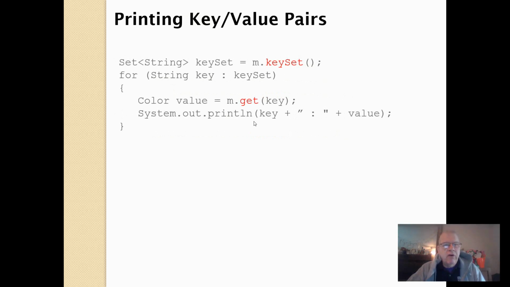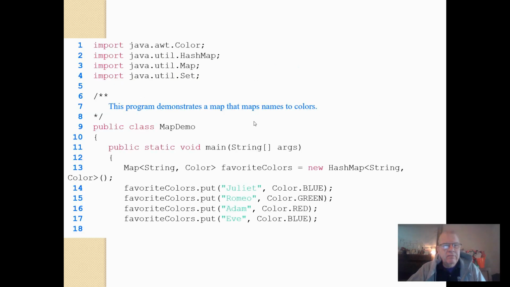So you can use a for each loop, or you can use a while loop with has next, just like before. If m dot has next, and then next. So here's an example of using it, using our string and color combination key value mapping.